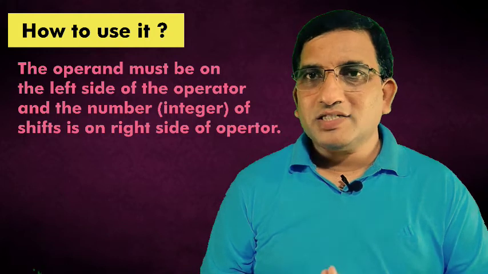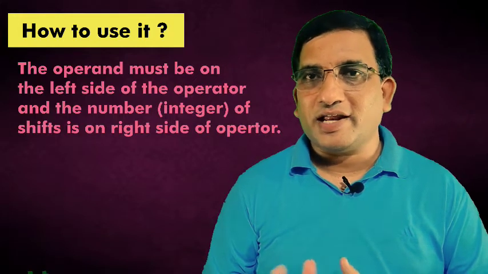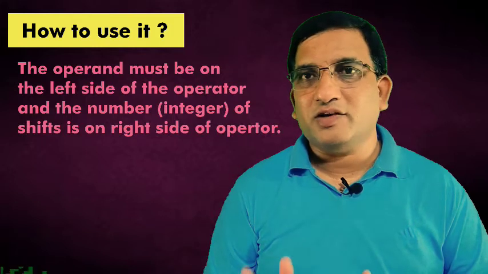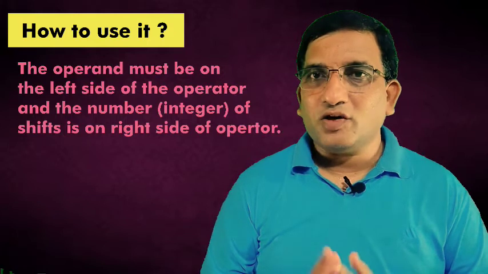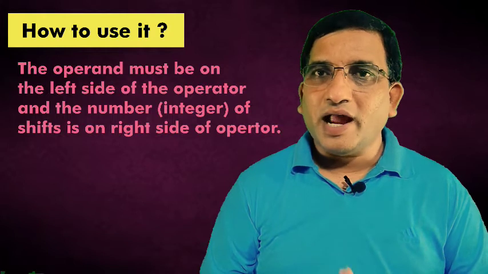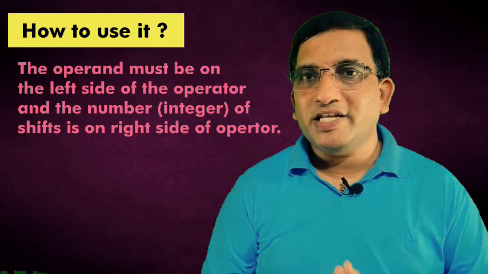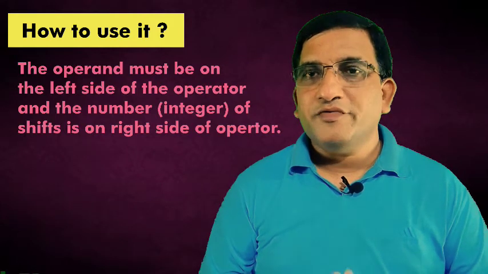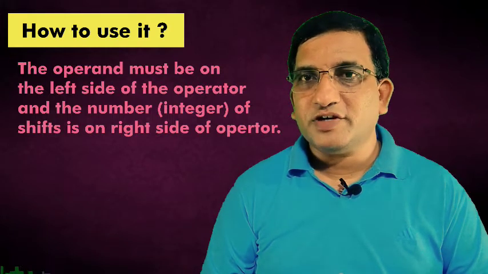The operand is on the left hand side of the operator. That means जिस डेटा को आपको लेफ्ट को शिफ्ट करना है या राइट को शिफ्ट करना है या लेफ्ट को रोटेट करना है या राइट को रोटेट करना है, that data we call an operand. So that operand should be to the left hand side of the operator, and to the right side of the operator you should have an integer value or number which specifies by how many bits you have to shift that number to the left or to the right.